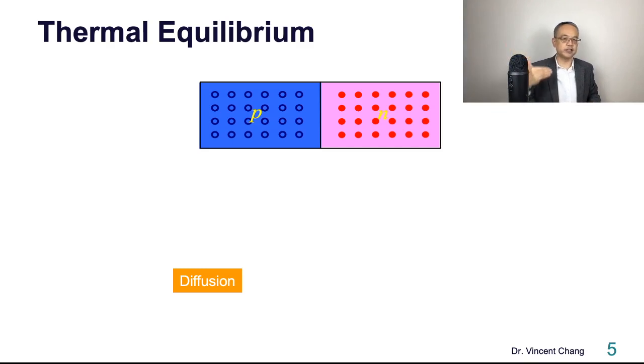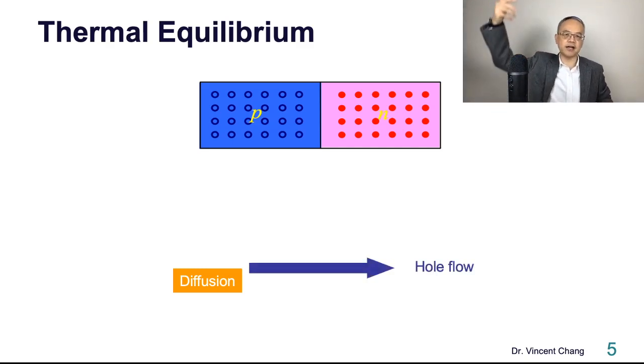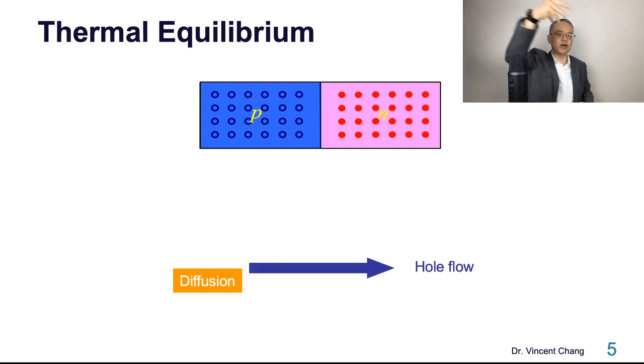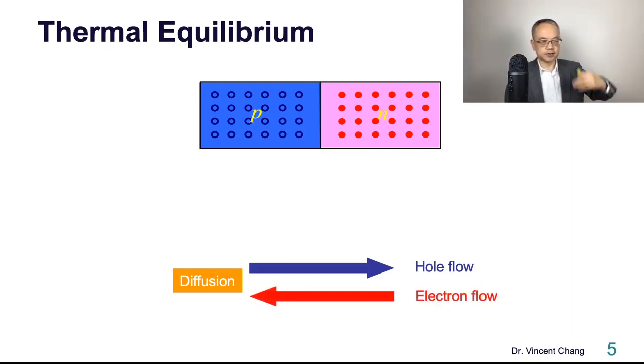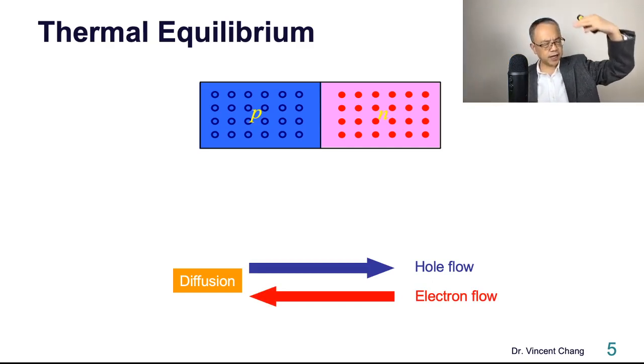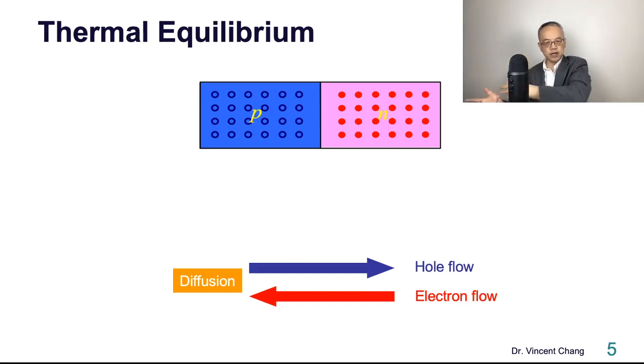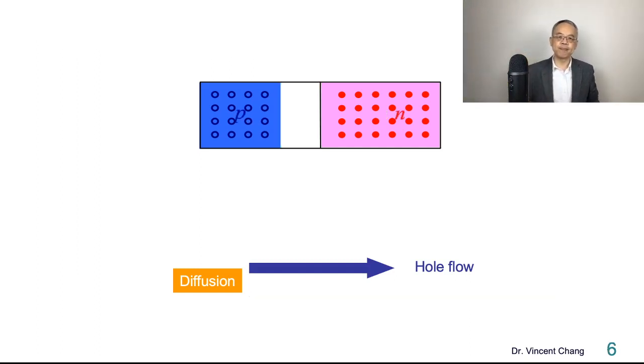So diffusion is going to happen. The hole carriers are going to diffuse from the high concentration side to the low concentration side, from the left to the right. In the same way, the electrons will go from the high concentration on the right-hand side to the low concentration on the left-hand side. And then what?